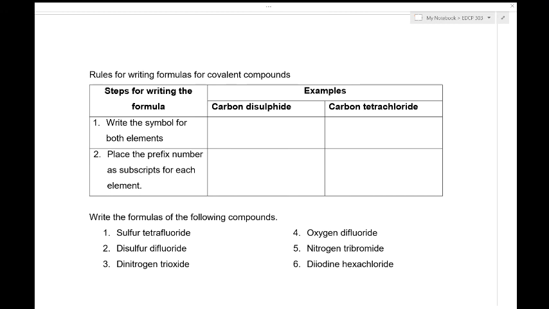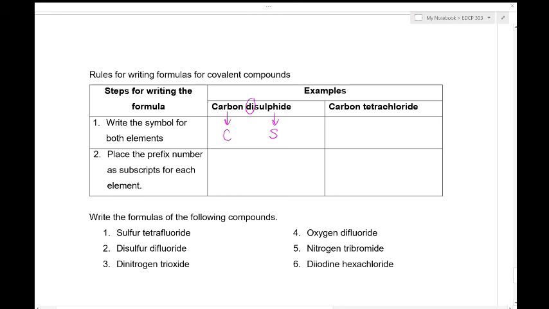First example gives us carbon disulfide. Step 1 tells us to write the symbol for both elements. So carbon is C and disulfide. Keep in mind di is the prefix, so we would just ignore that. The element we're talking about here is sulfide, which is S. Now, it tells us to place the prefix number as a subscript for each element.